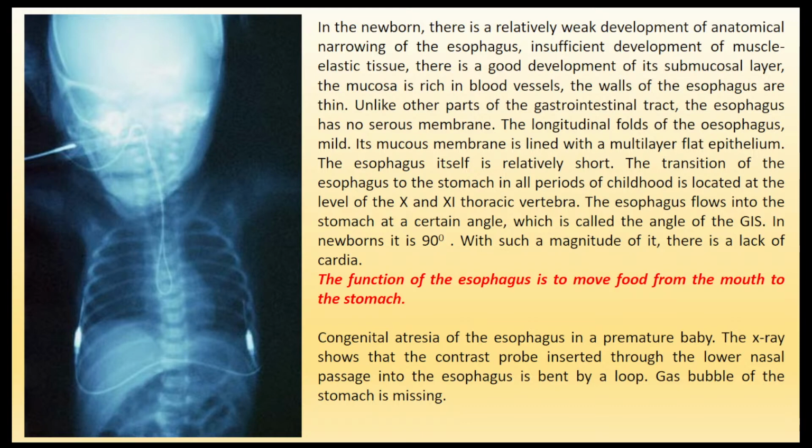You can see on the X-ray congenital atresia of esophagus in a premature baby. The X-ray shows that the contrast probe inserted through the nasal passage into esophagus bends in a loop.